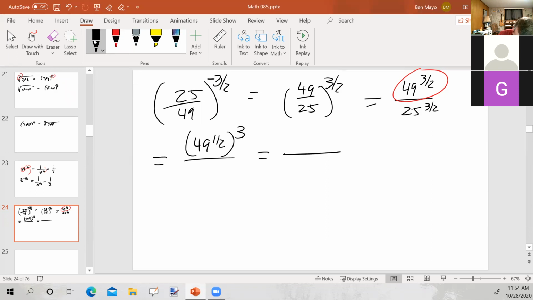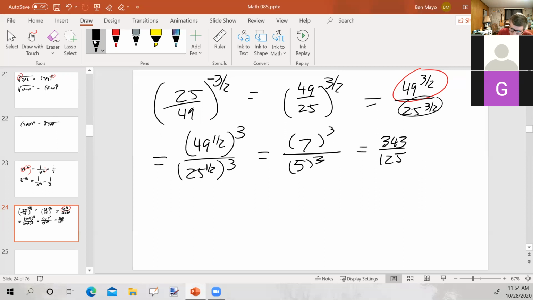What's the square root of 49? 7. And 7 cubed is 343. You're quicker than me. Good job. Then the denominator: 25 to the 1/2 to the 3rd. The square root of 25 is 5, and 5 cubed is 125.